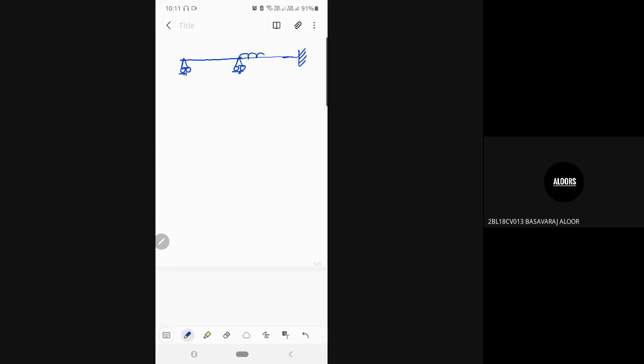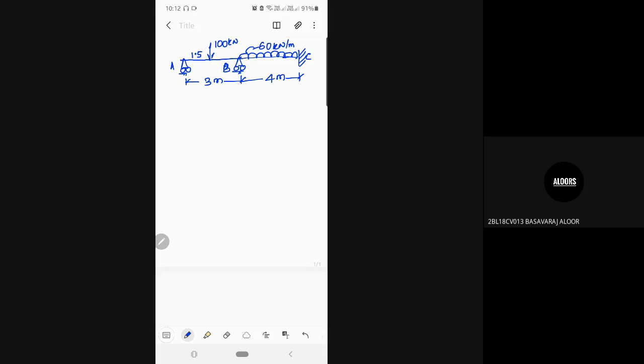You have a UDL over this span, which is 60 kilonewton per meter, and I have a point load in this span, 100 kilonewton. It is 1.5, and this is 3 meter. You can just listen to this problem instead of noting it down. I will give you the required material for this problem, or I will post you the video of the same. Clear? Here, this is A, this is B, this is C.